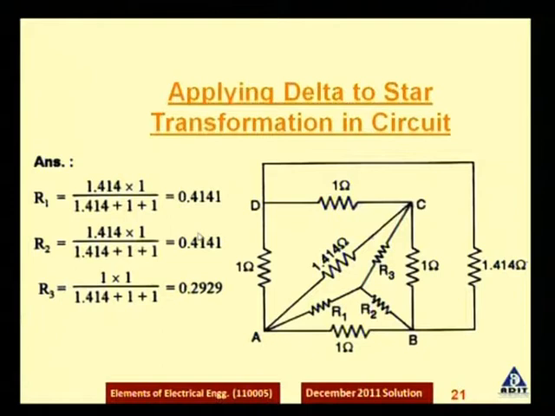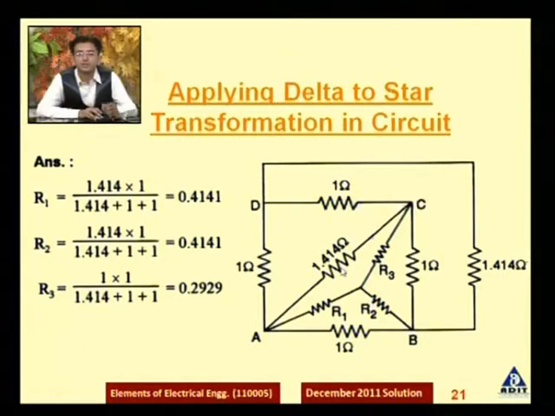Same way for the second case, the second resistance, you can say R2. In the second case again you have the same resistors connected. So the first resistor is 1.414 into 1 divided by 1.414 plus 1 plus 1. So it will be 0.414.